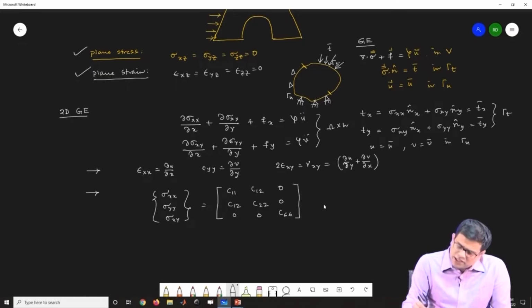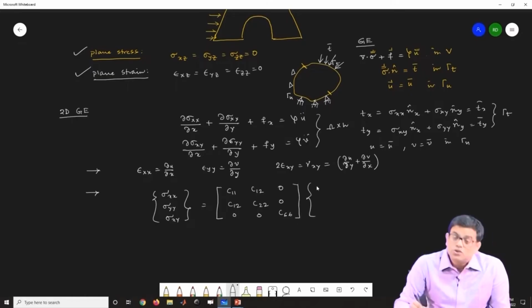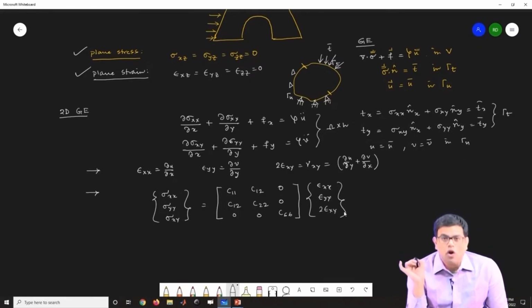Now this is multiplied by the strains εxx, εyy, and 2εxy. So this is my linear elastic Hooke's law.